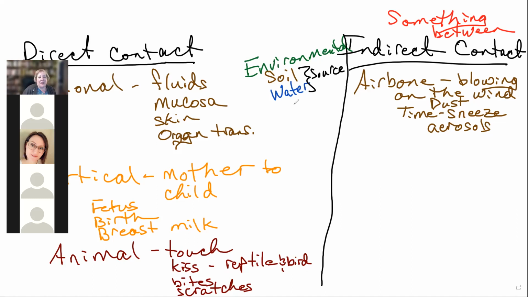And let's say it's months to years later that I get a face full of these spores. It could be days if I happen to be at the right place at the right time. But because there is something in between, a variable amount of time in the case of dust, we're not able to pin down the direct source. So it's considered indirect.